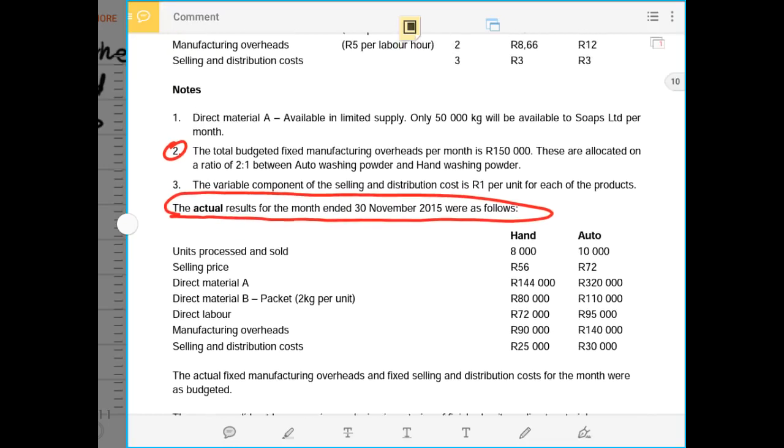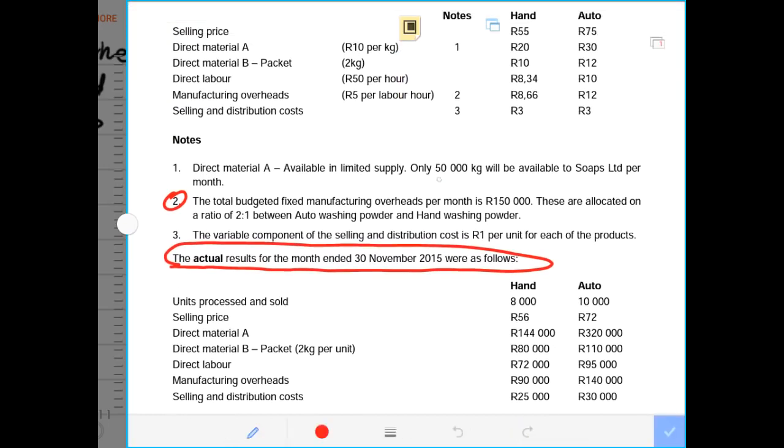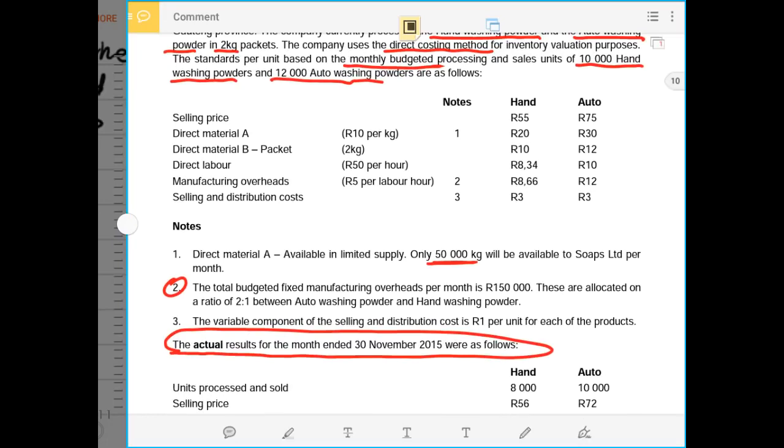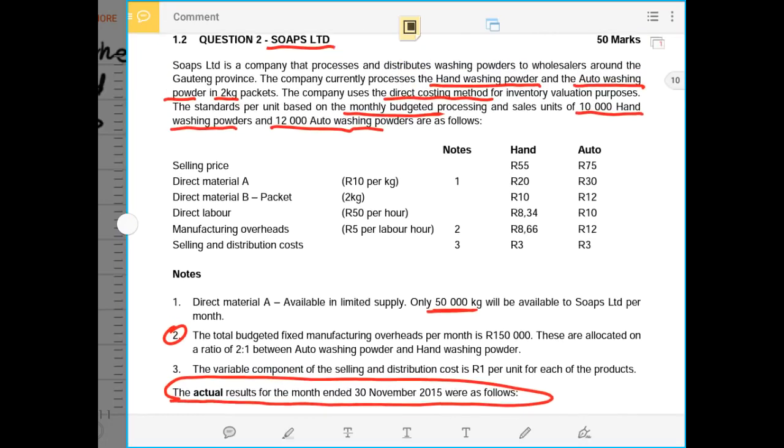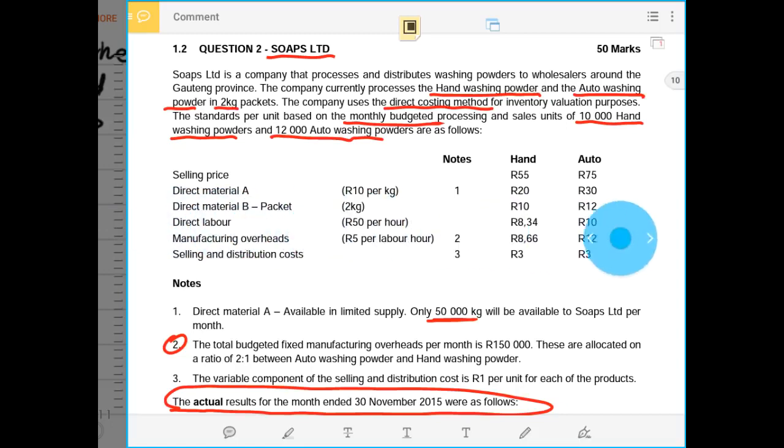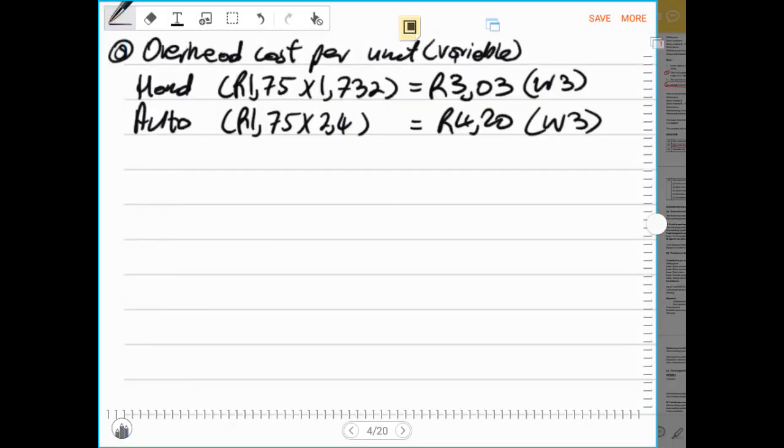So now they already told me that there is a limiting factor, which is the number of kgs. Whenever there is a limiting factor, first of all, you need to test or affirm that there is really a limiting factor. For us to do that, we need to do some calculations.